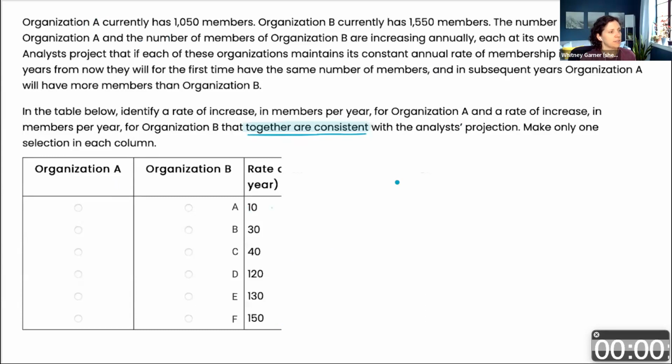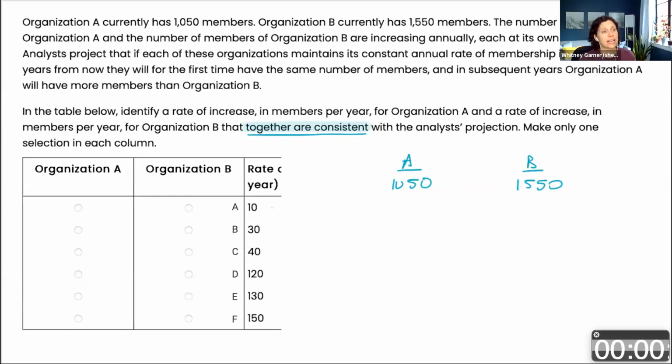We have two organizations. I have organization A and organization B. Organization A has 1,050 people. Organization B has 1,550 people in it. And I know that these members are going to keep increasing over a certain period of time.